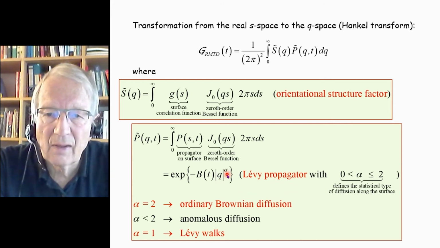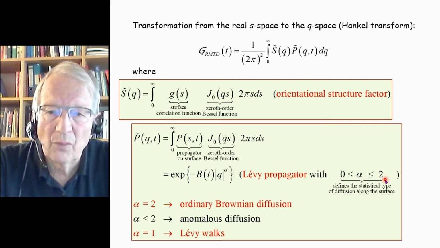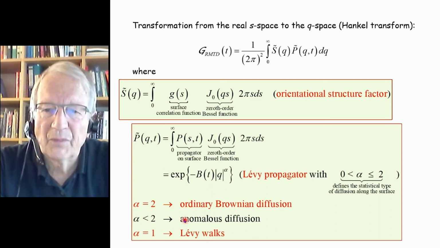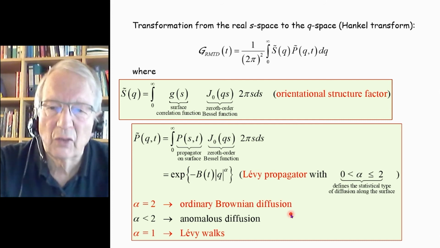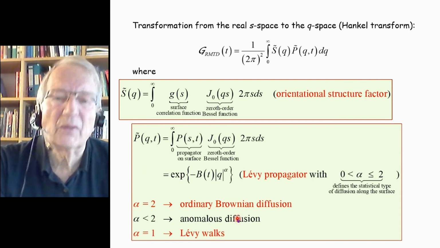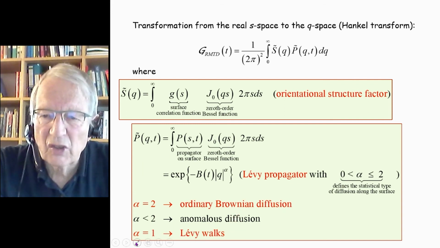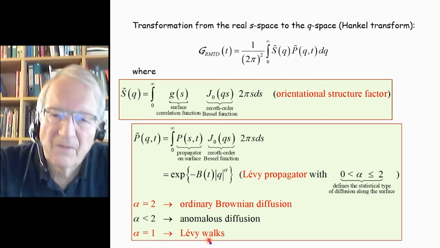And this exponent alpha can be in a range from 0 to 2. If it's 2, then we have ordinary Brownian two-dimensional diffusion along the surface. If it's less than 2, then we have anomalous diffusion. And the special case is if this exponent is 1, then we have Levy flights.